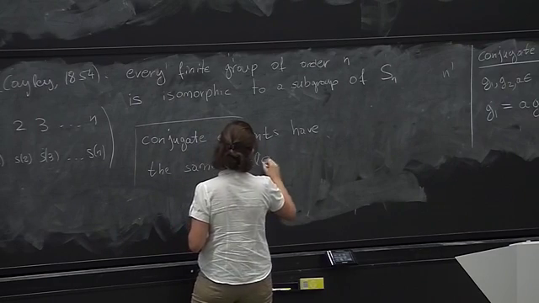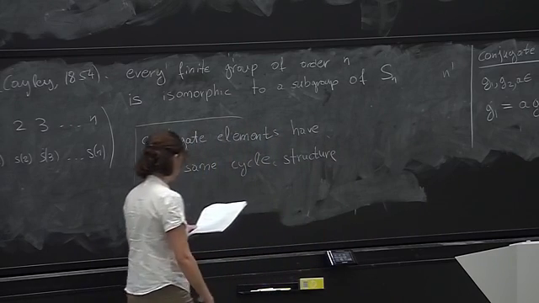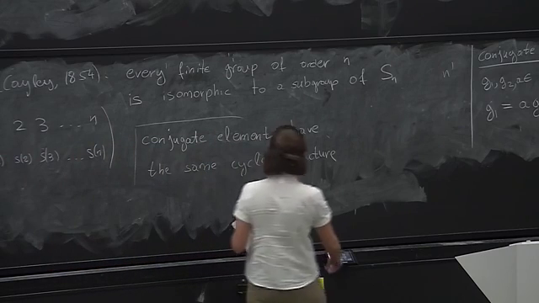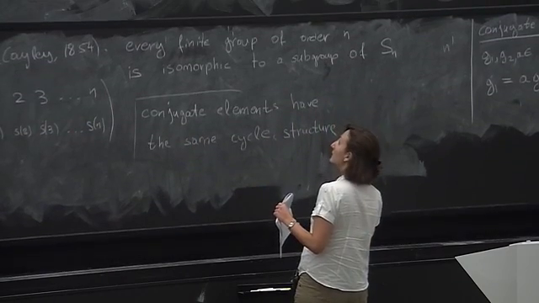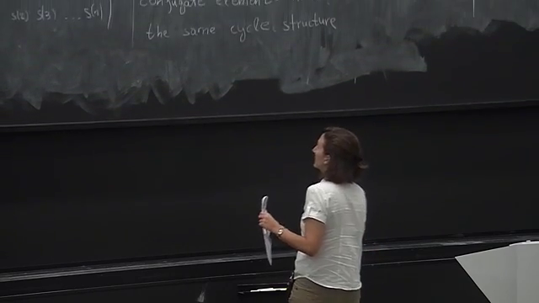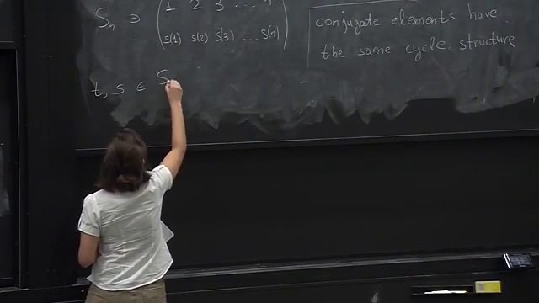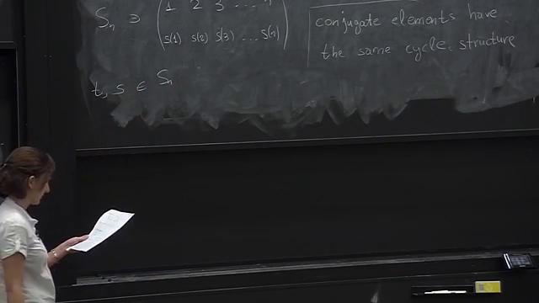And I will try to explain this. So let me keep this here. So say we take two elements of Sn, T and S. And S has a specific cycle structure.